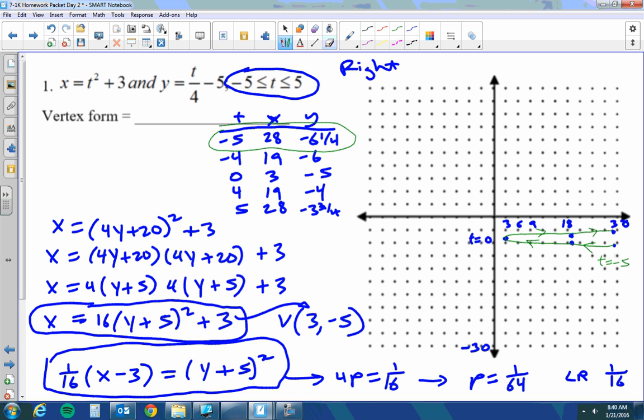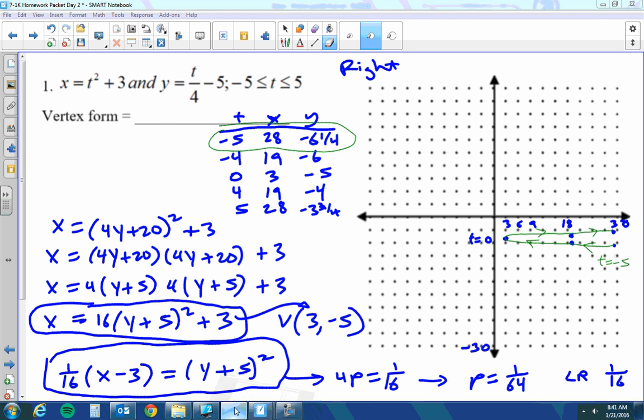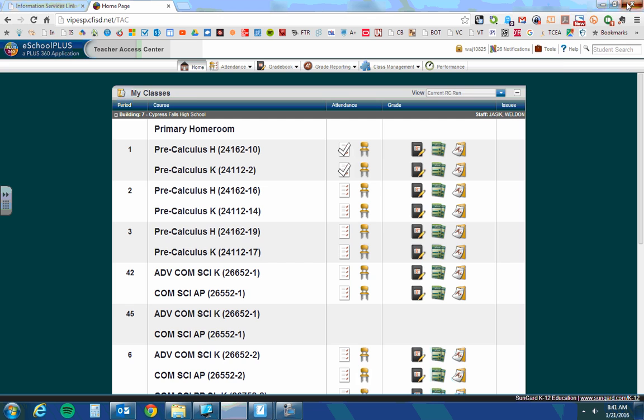Now, before we finish the notes, I want you to type these equations in your calculator. Now, if you want to do that, you have to be in parametric mode. How do you think you do that? Hit mode and change it into parametrics.